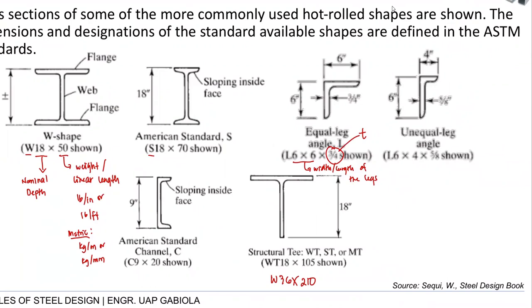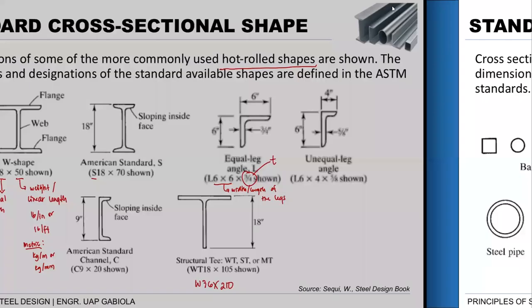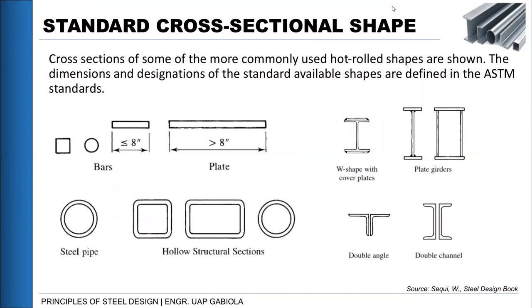Okay, so these shapes are considered as hot rolled shapes. Later we will discuss what it means when we say hot rolled yung shape natin. Okay, so some other shapes that we have that are not stated or available dun sa table dun sa construction manual are ito yung bars and plate natin.